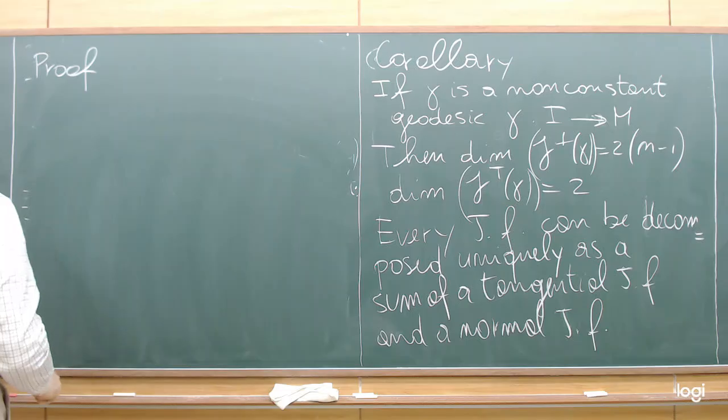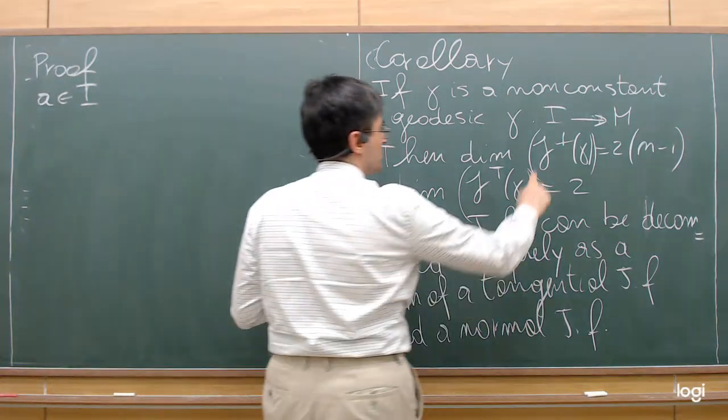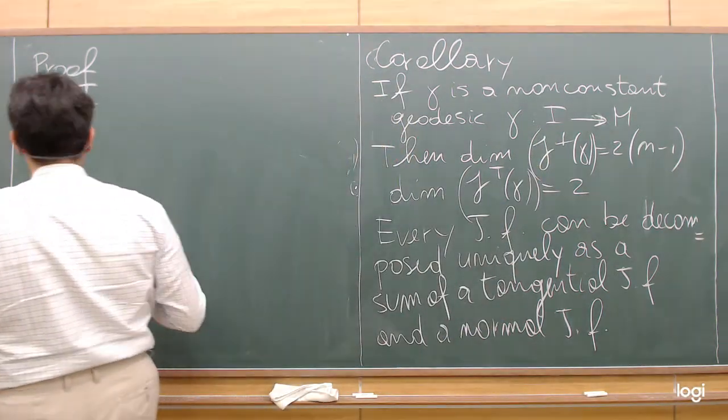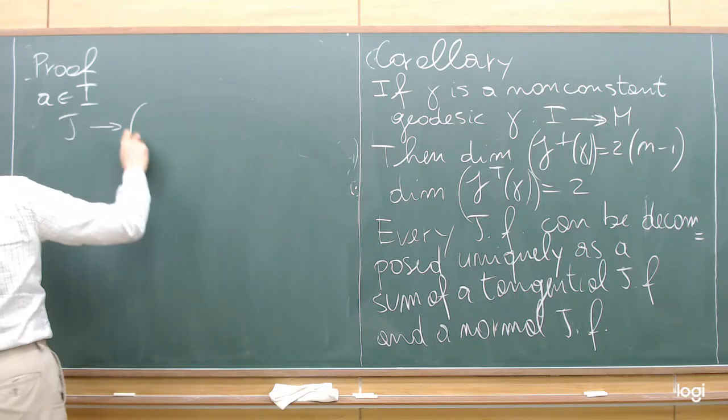So let's fix A in I, the interval on which gamma is defined, and let's use the isomorphism I mentioned before.